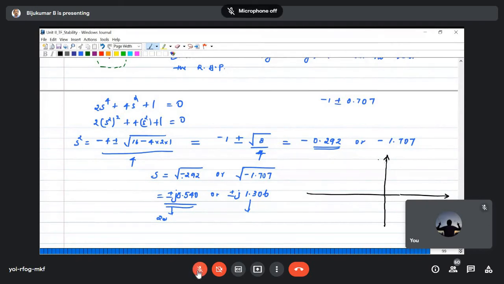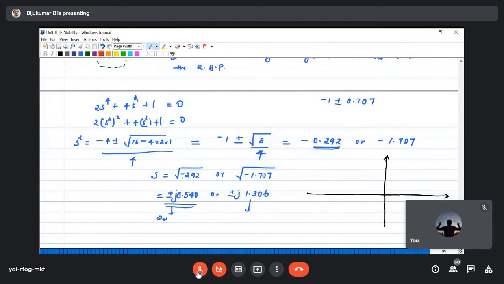They will be radially opposite poles, right? Last class we have discussed. Do you remember that? The poles which we obtain through the auxiliary equation stay radially opposite, right?